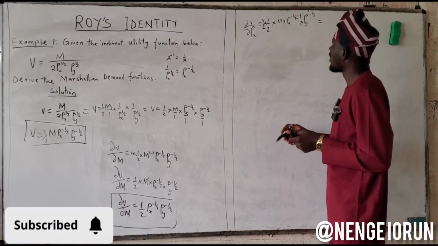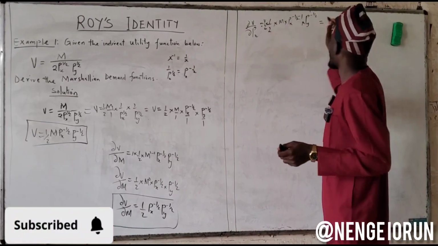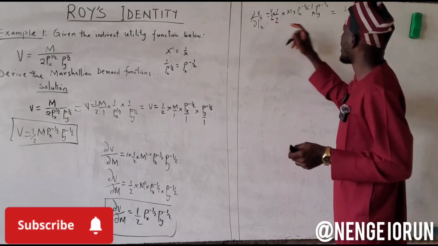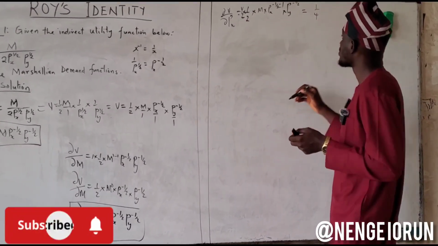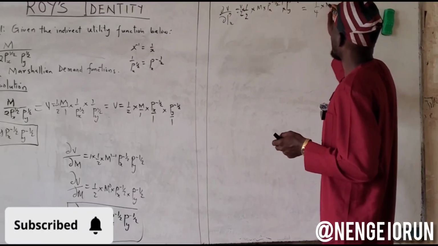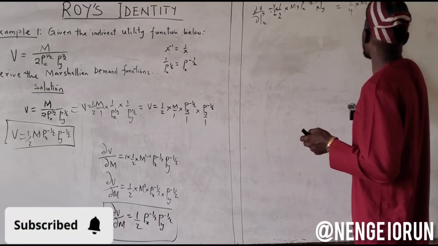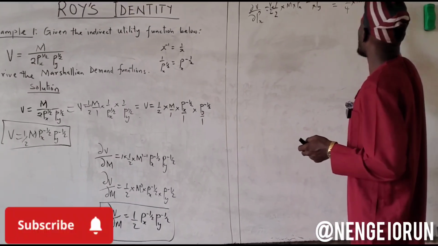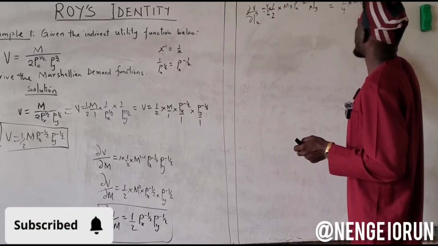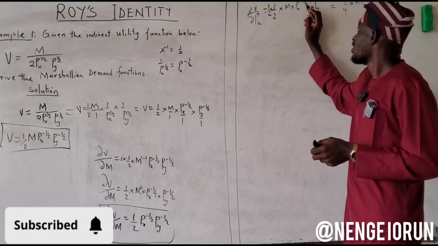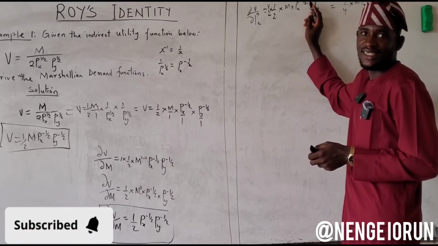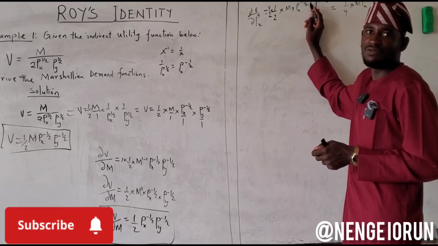So what we have now is 1 times 1 is 1, 2 times 2 is 4, then times M Px raised to the power of negative half minus 1.